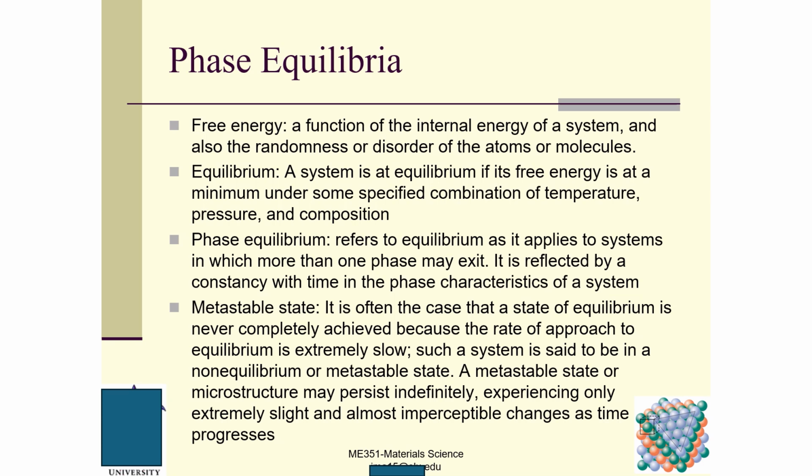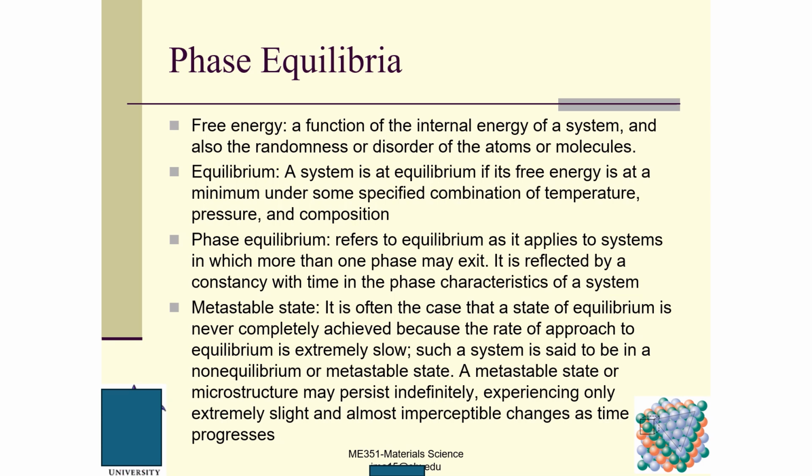And then phase equilibrium. Phase equilibrium refers to equilibrium as it applies to systems in which more than one phase may exist. It is reflected by constancy with time in the phase characteristics of a system. The fourth concept is the metastable state.